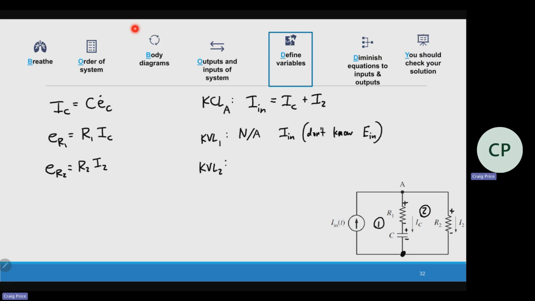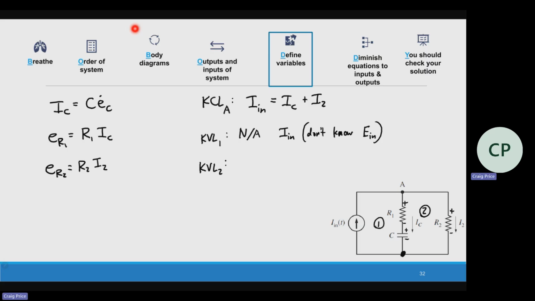It's not 0, but it could be changing a little bit. We're just setting the current. So I actually cannot do a KVL for loop 1. Anytime I have a current source, that's impossible. I'm not going to make up an E_N, okay? That doesn't work that way.